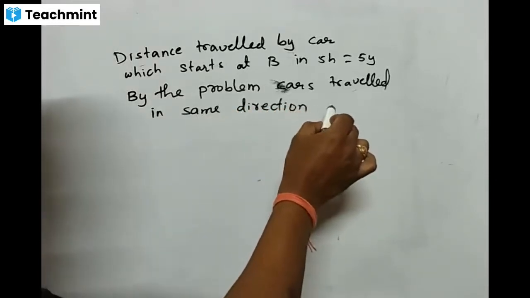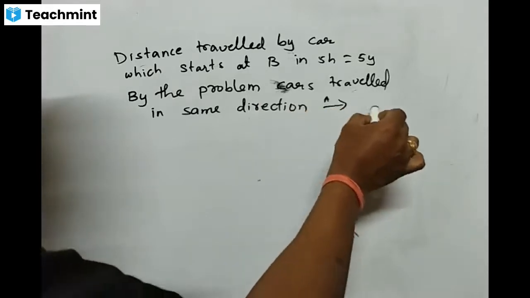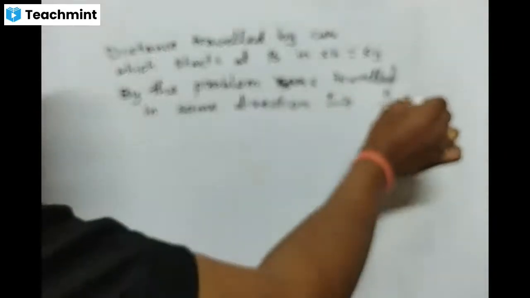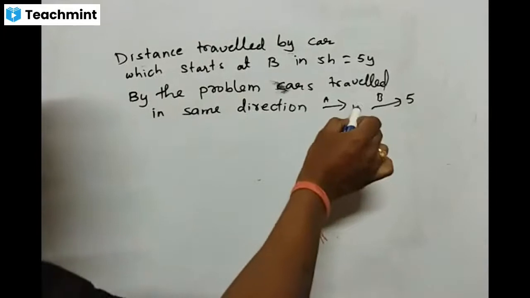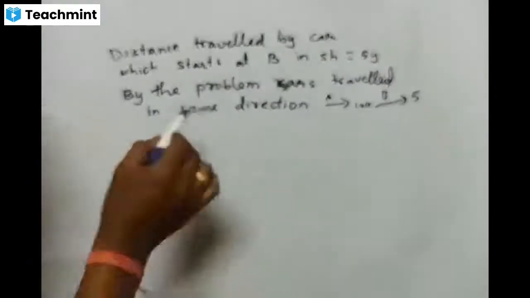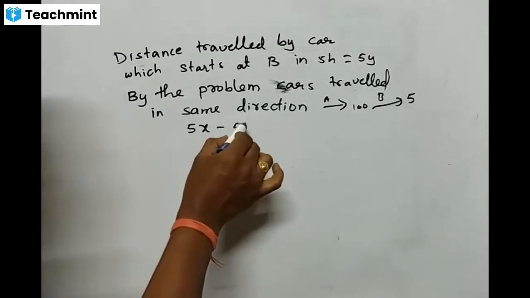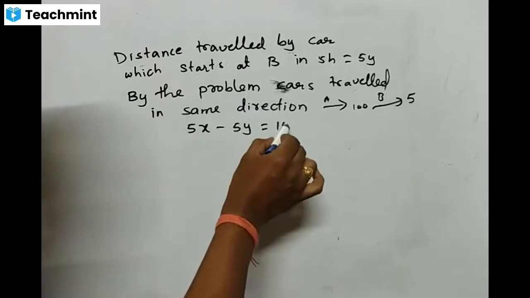One car is starting at A, one car is starting at B. They are moving in the same direction and meet after 5 hours. The distance between A and B is 100 kilometers. So 5x minus 5y, the difference of their distances, is equal to 100.